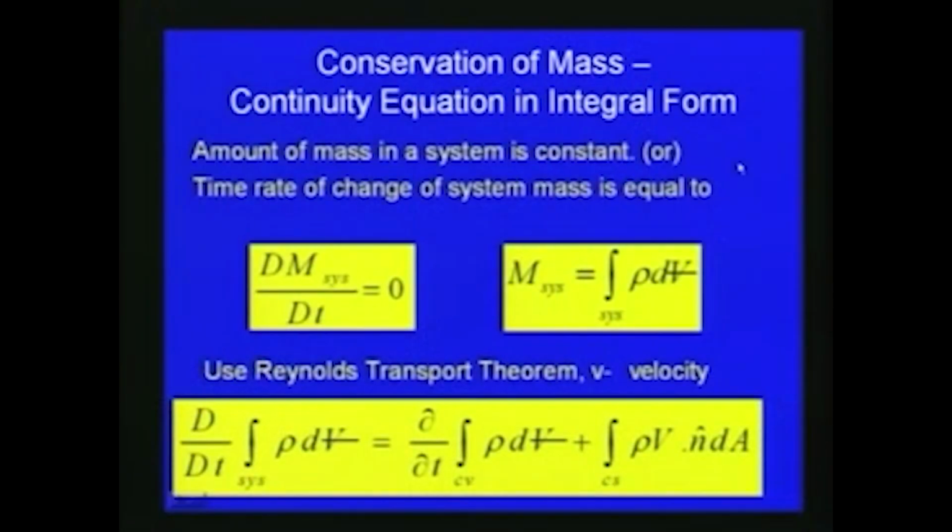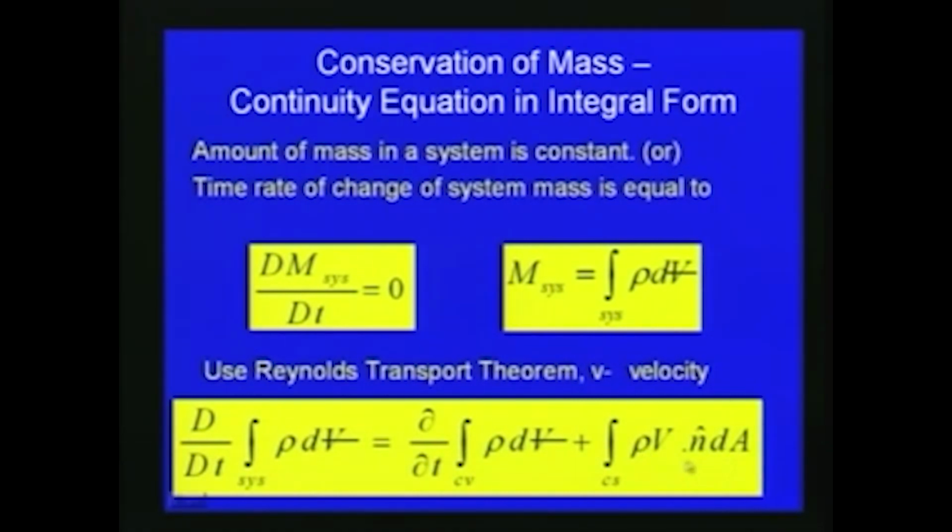As far as conservation of mass is concerned, if we apply the Reynolds transport theorem, we can write d by dt, the total derivative of the system mass, integral of rho dV, is equal to del by del t within the control volume which we are considering here, of rho dV, plus, with respect to the control surface or the CS, that means exit and inlet of the system, the integral over the control surface of rho V dot n hat dA.